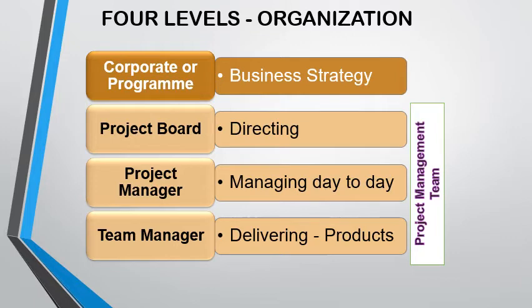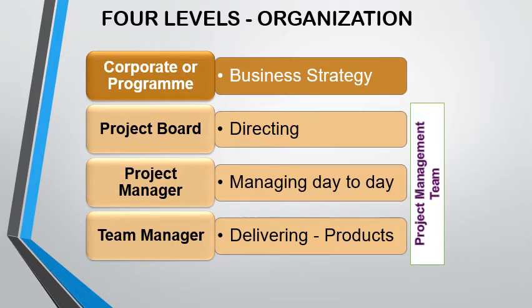So we have the corporate or program at the highest level outside the project, while within the project management team, we have the project board at the highest level within the project management team, followed by the management level where we have the project manager, and followed by the delivery level where we have the teams and the team manager.